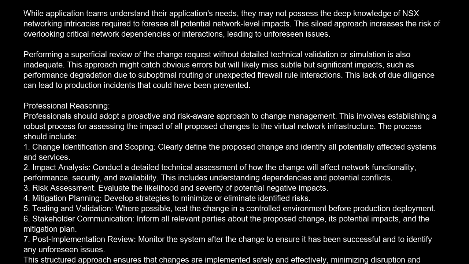Inform all relevant parties about the proposed change, its potential impacts, and the mitigation plan. 7. Post-implementation review. Monitor the system after the change to ensure it has been successful and to identify any unforeseen issues. This structured approach ensures that changes are implemented safely and effectively, minimizing disruption and maintaining compliance with operational and regulatory standards.